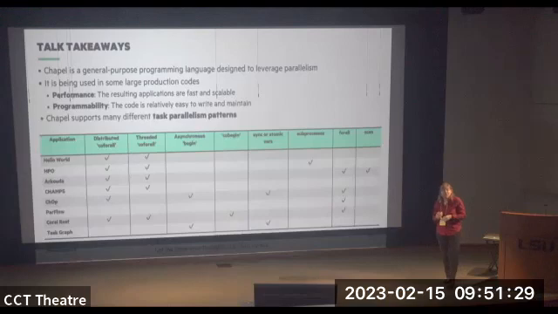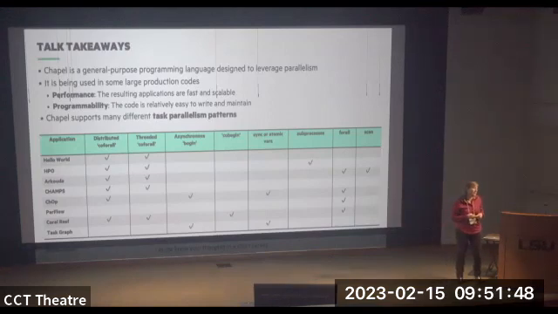It's being used in some large production codes, and it's got both the performance for those codes and the programmability, from what we're hearing from the developers and from what we're seeing from people like our visiting scholar, who picked up Chapel very quickly and is now being quite productive in his science, which is climate science, with it.